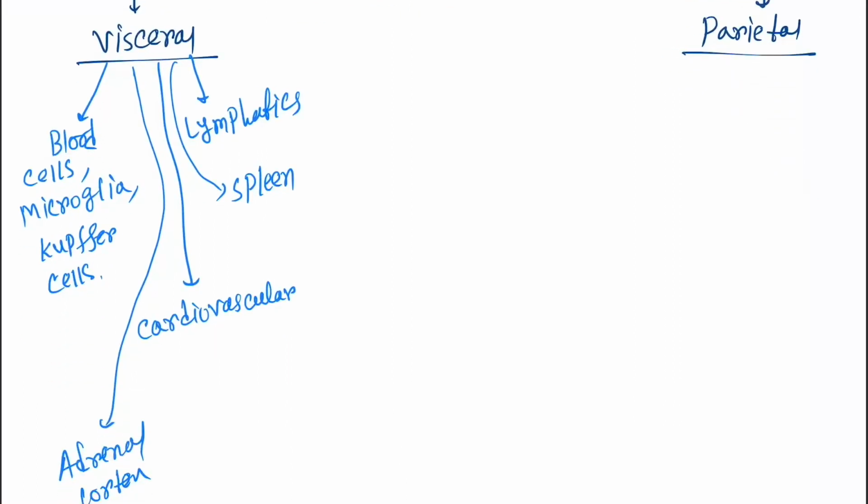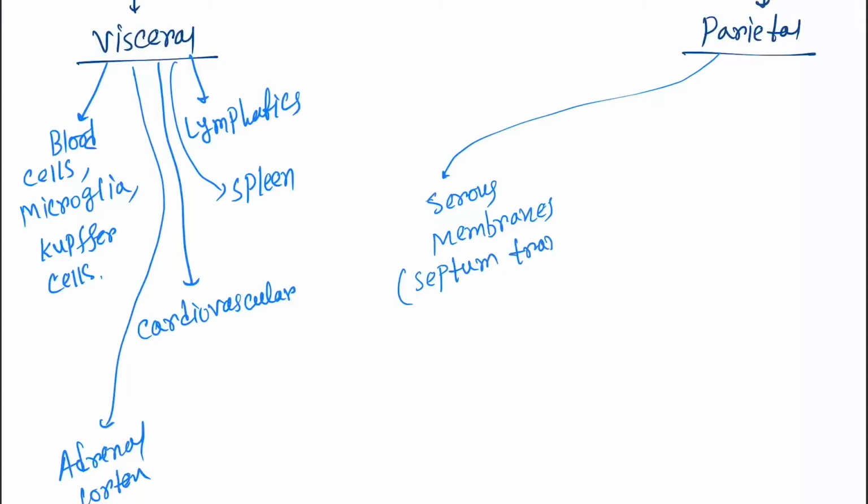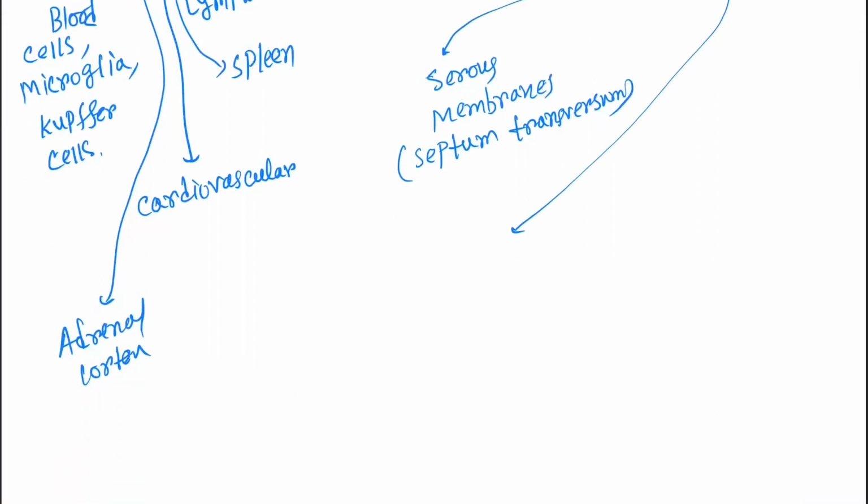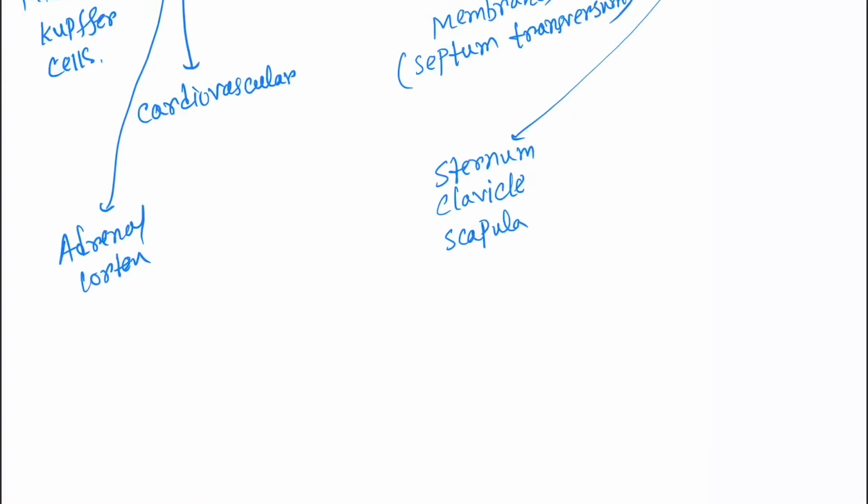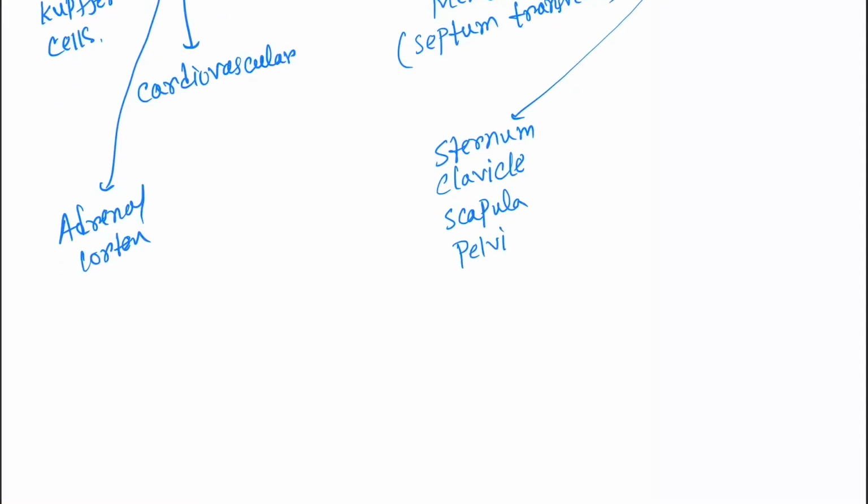Okay, parietal layer. Parietal layer forms serous membranes, like septum transversum, and sternum, clavicle, scapula, pelvis, and limb bones.